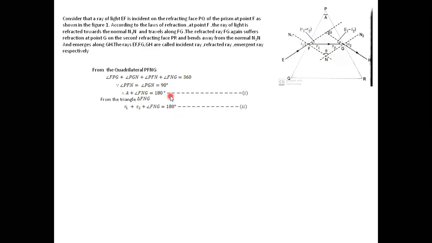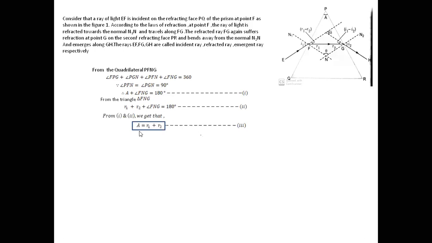Now if you compare equation 1 and equation 2, you see that A plus FNG is 180 degrees, and R1 plus R2 plus FNG is equal to 180 degrees. So if you compare these two equations, what we can conclude is that capital A is equal to R1 plus R2.